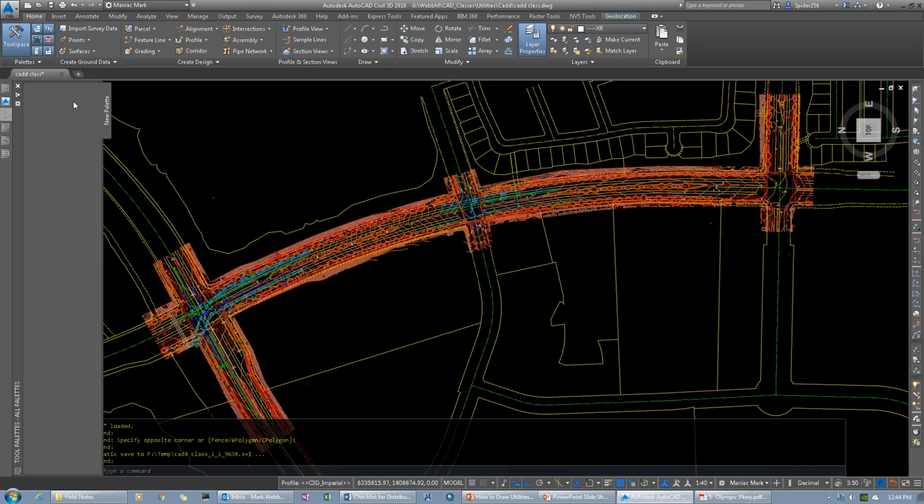And there's a tool palette for storm drain. There's a tool palette for sewer. There's a tool palette for electrical, telephone. There's existing and proposed for all of those, okay? Not proposed telephone, because we don't do telephone design. But we do have the existing.